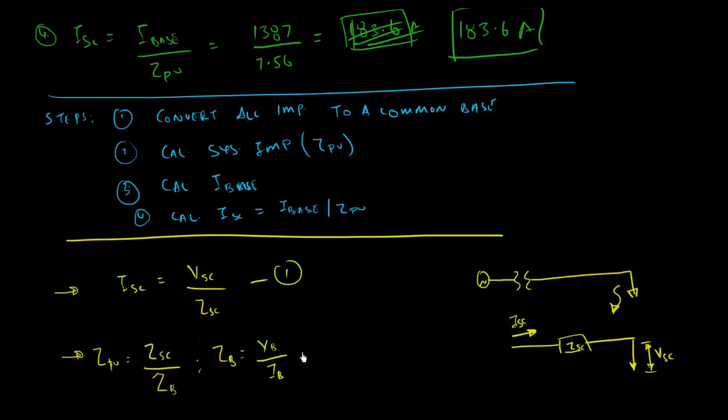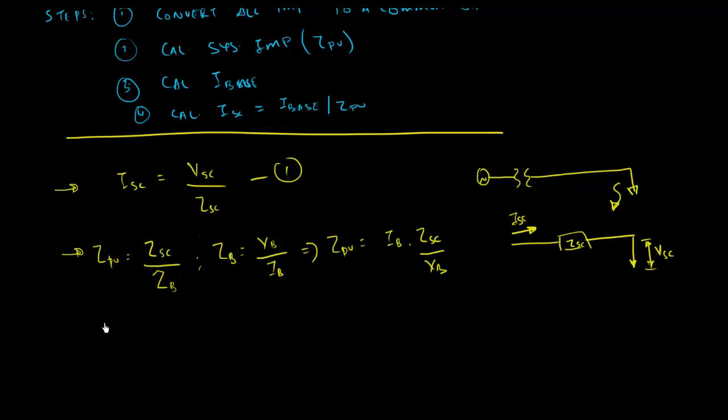So what is your now, if we substitute this in this equation right here, then we get Z per unit is equal to I base times Z short circuit over your voltage base.